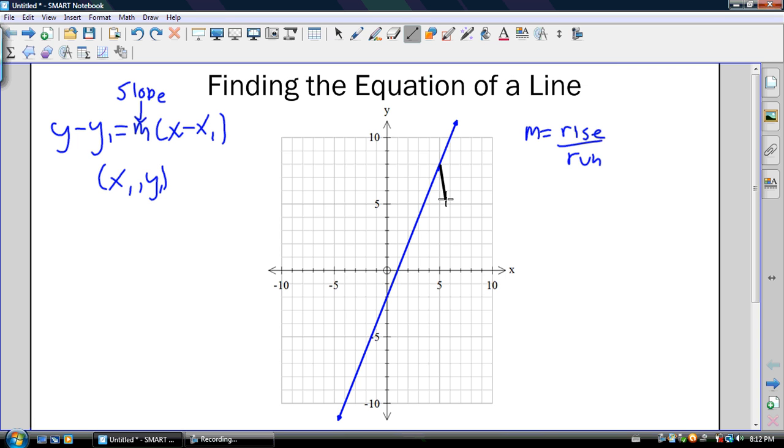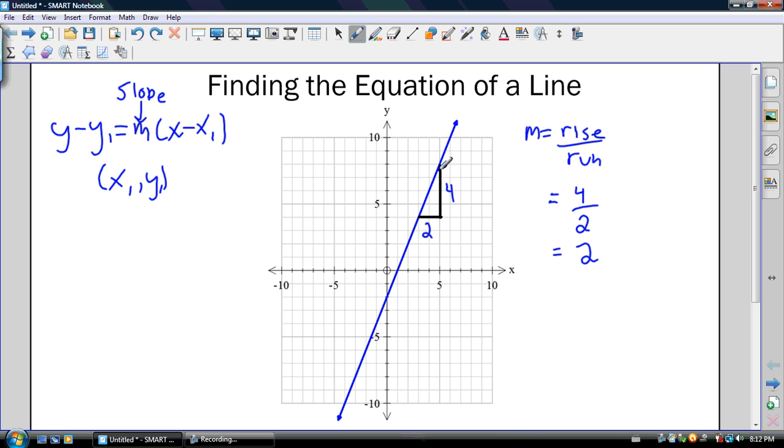I'm going to go down and then over a little bit. So here we go, my run here is 2. Then I'm going to go up 1, 2, 3, 4, up 4. So that's a rise of plus 4 because I went up, and a run of 2. That leaves me with a slope of 2.